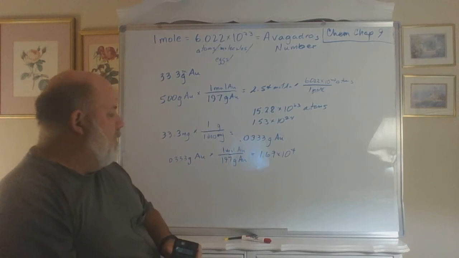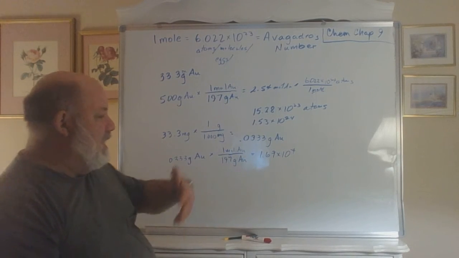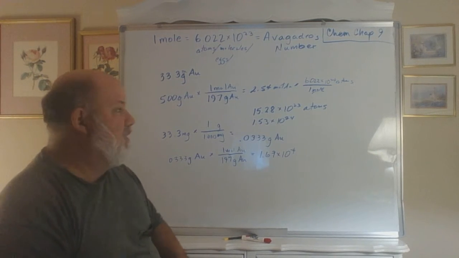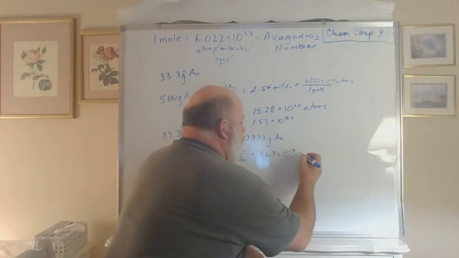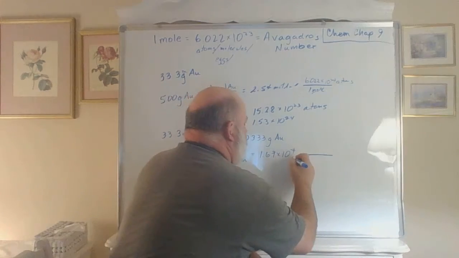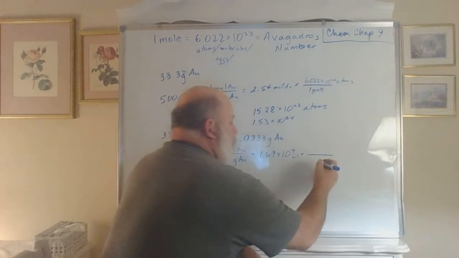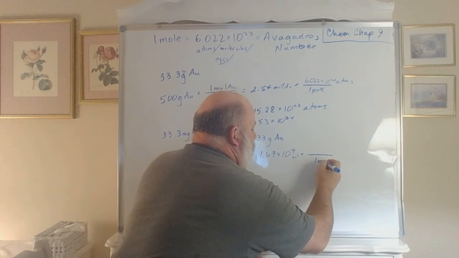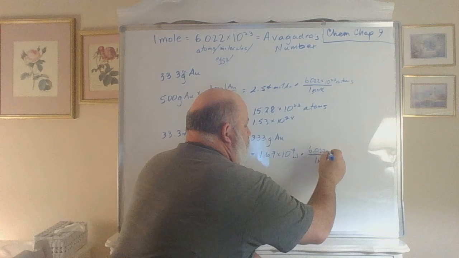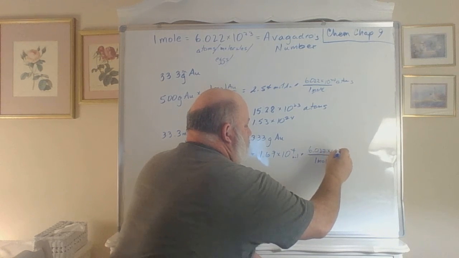That will tell me how many moles I have. They haven't asked about how many moles, they've asked about how many atoms. Well, now I'm going to multiply that, by the way, this is moles, by how many atoms is 1 mole? Well, it's 6.022 times 10 to the 23rd.